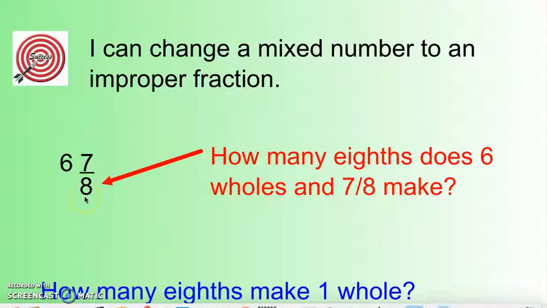The 8 represents that there are 8 equal parts, and there's 7 of them that are being used. Now, if I have 6 whole amounts in addition to that, that means I have 6 wholes that have 8 equal parts in them. So how many eighths make up 6 wholes?